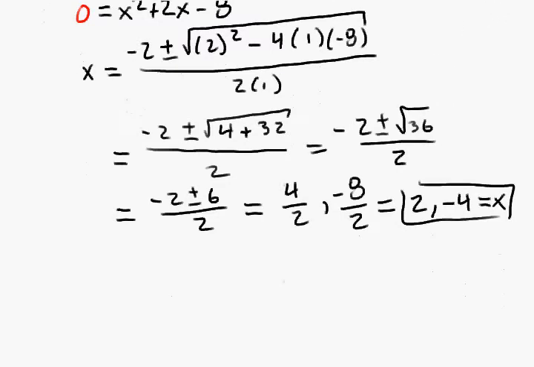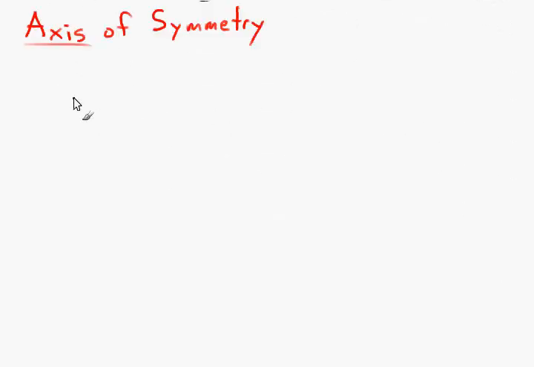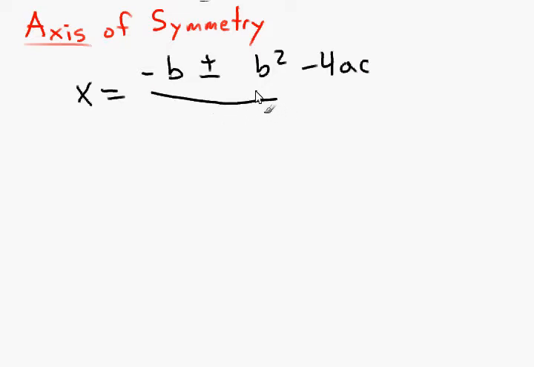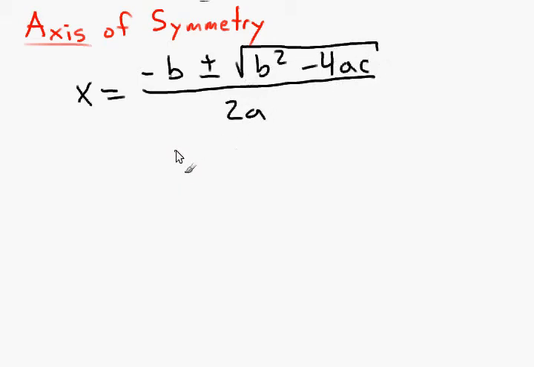Next, I want to take a look at the axis of symmetry. The axis of symmetry is in the middle of this parabola. It's a vertical line. I want to take a look at the quadratic formula. Okay, now, let's see here, plus or minus.